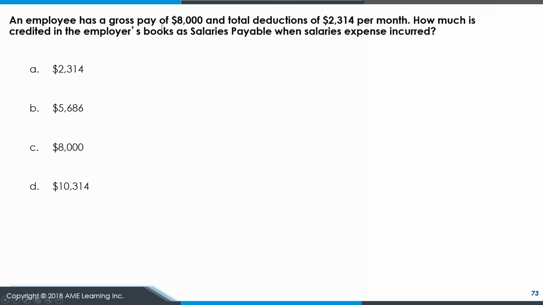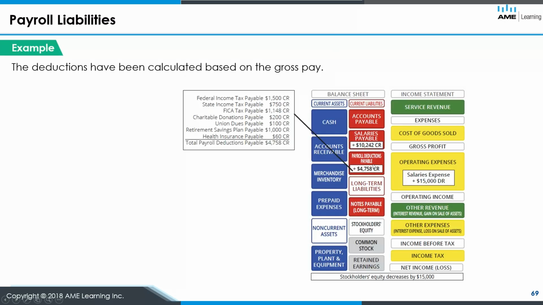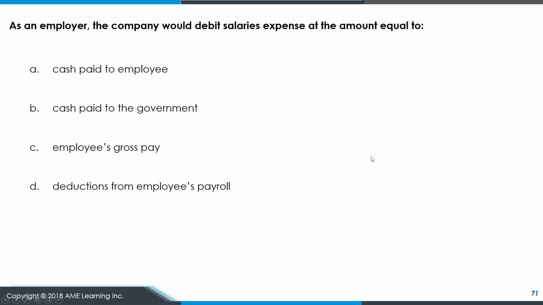Here we have an employee with a gross pay of $8,000, total deduction of $2,314 per month. How much is credited in the employer's books as salaries payable when salaries expense is incurred? So the credit is going to be broken down between the salaries payable piece and the other payroll deductions payable, to use their terminology.